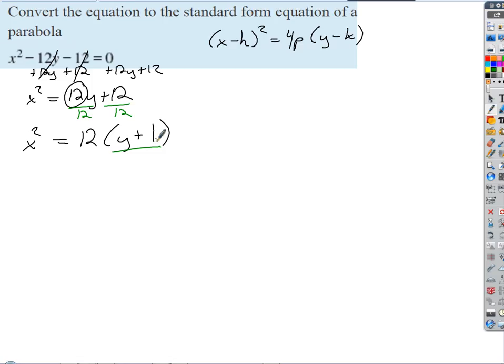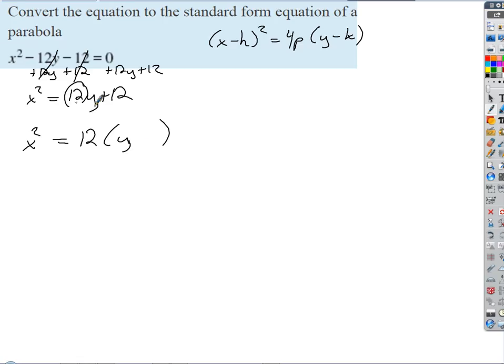The other way I like to think about this is by thinking backwards. If we know that we're going to undistribute a 12, what would I need here in order for me to get this result?